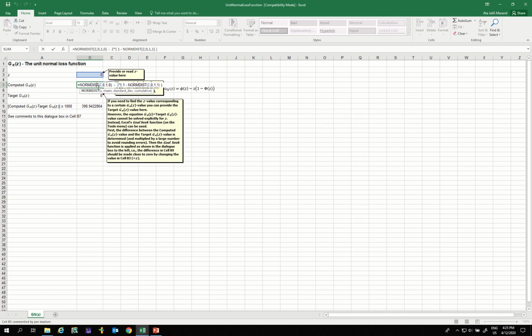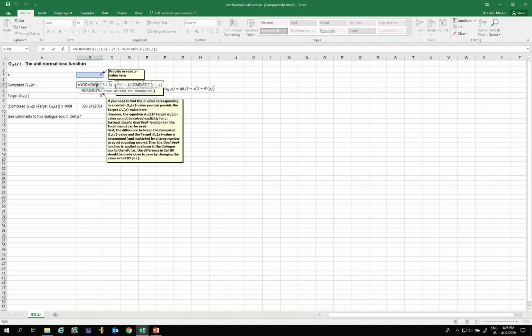So it is the normal distribution evaluated at point z, with mean 0, standard deviation 1, and the last argument equal to 0, which means that it is not a cumulative distribution function, but a probability density function.